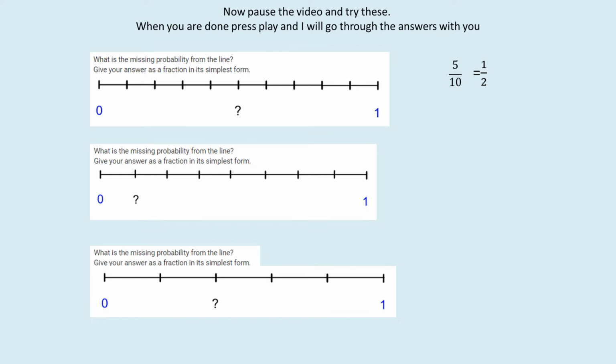On the question following that, we can see that there are 1, 2, 3, 4, 5, 6, 7, 8 spaces and only 1 space to get to the question mark, so that's 1/8 as a fraction, and that's already in its simplest form. And the last one, we need 2 spaces to get to the question mark, and altogether there's 5, so that's 2 out of 5 as a fraction.